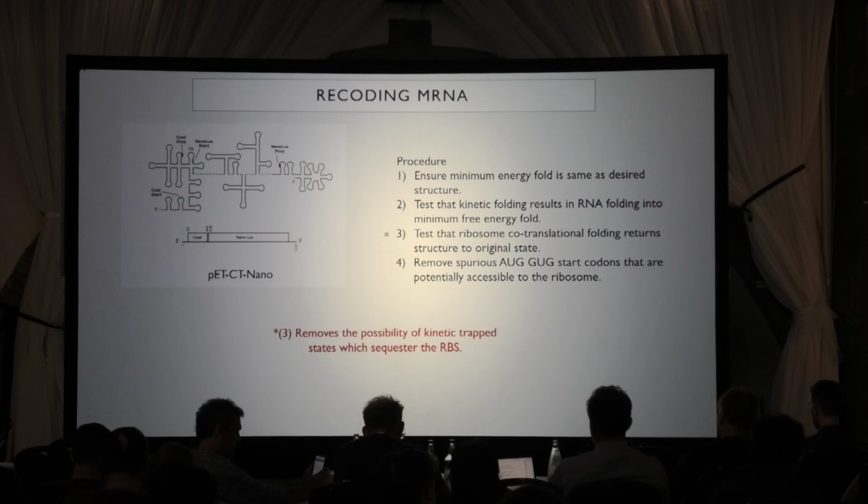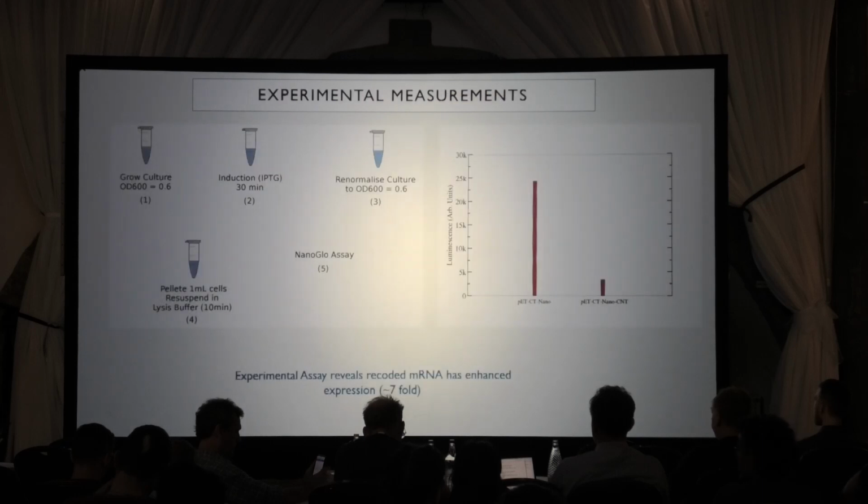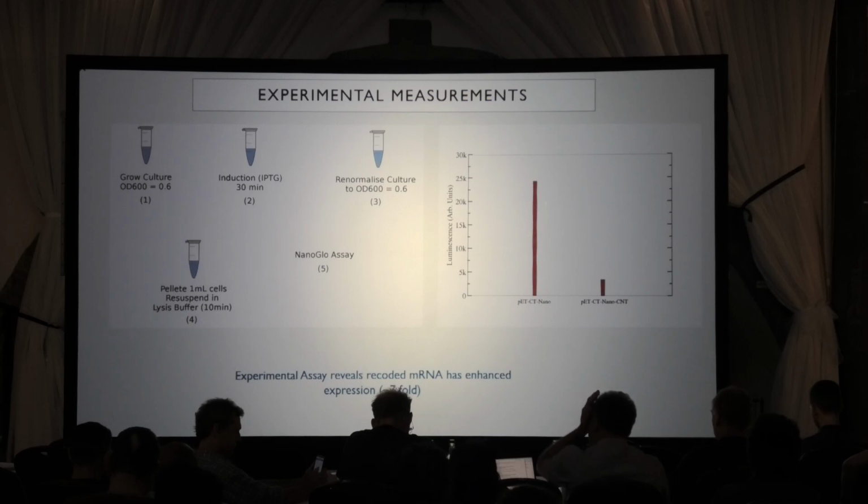I can fill in the gaps on this if you ask me during questions. So if you do the experimental measurements, here is the original sequence which was uncoded, but then recoding it and testing it with my program, you can increase the expression of the nanoluciferase 7 to 10-fold.